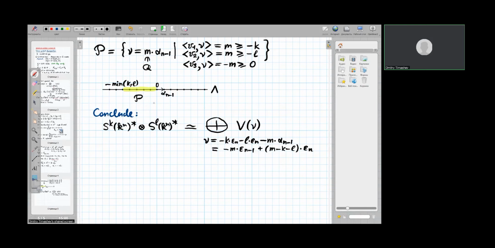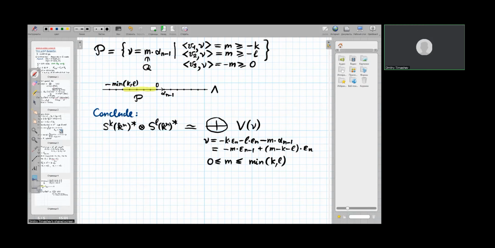This means that m should be in this interval, or maybe minus m should be in this interval. So we have the defining inequality that m ranges from 0 to the minimum of k and l. This formula is very similar to the Clebsch-Gordan formula from the first lecture, but it is more general, of course.